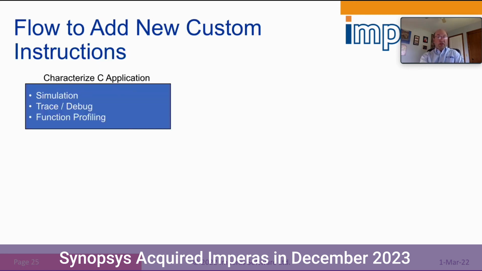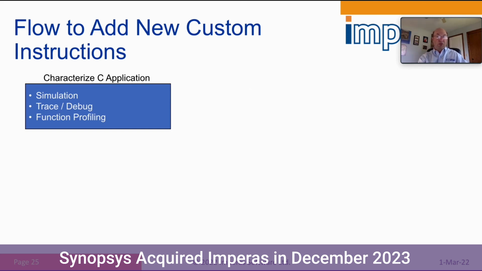In terms of adding custom instructions, I'm going to go through this just briefly here. The key thing in RISC-V is that typically you're not trying to optimize a pipeline, you're trying to optimize the performance of a specific C application or a domain of applications, a set of applications.